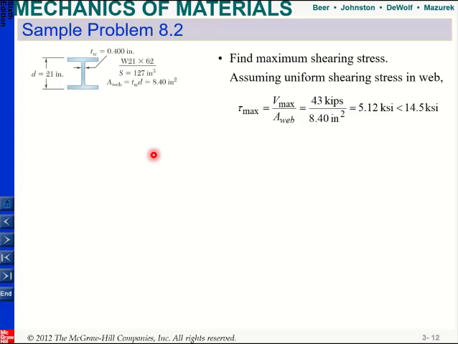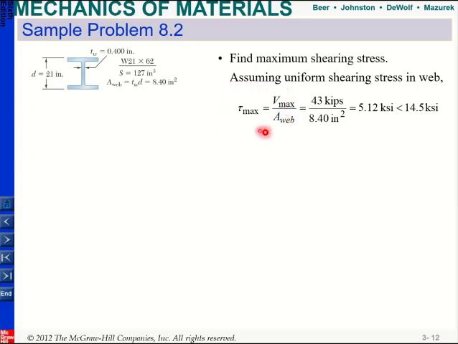This time we will first use an approximation. It is not an exact value, but it is a good approximation for the shear stress, since in these beams most of the shear stress is carried by the web region. I can say that my maximum shear stress is equal to the maximum shear force divided by the area of the web.